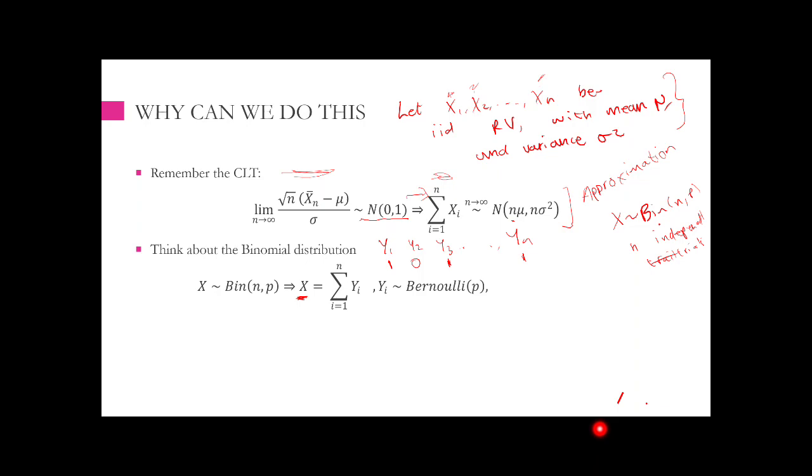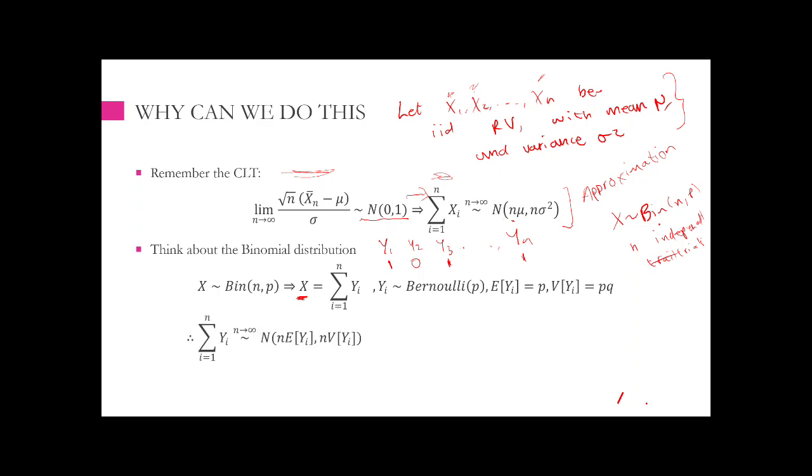Well, this also shouldn't be news, it should be a recap, but the expectation or the mean of a Bernoulli random variable is p, and the variance is pq. So essentially, because we've got all of this information where our x is the sum of Bernoulli random variables, we said earlier that anytime you have a sum of n independent random variables, as your n gets larger and larger and larger, that's going to look more like a normal. It's going to be approximated by a normal better and better and better as n gets larger.